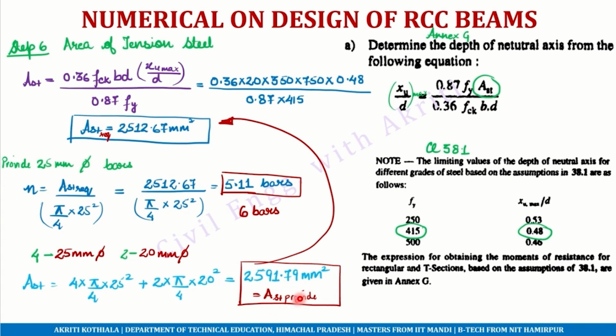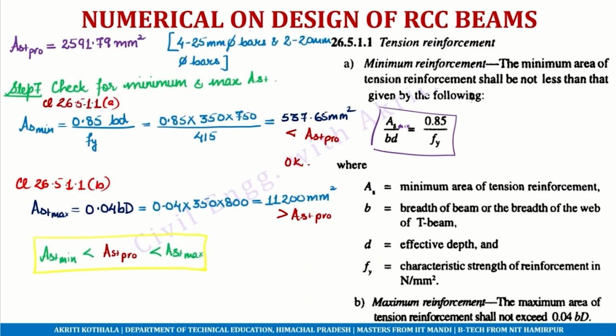So this is Ast provided, and this is Ast required, which we'll require in the next steps as well. Now we have provided an Ast of 2591.79 millimeter square in the form of 4 bars of 25 mm diameter and 2 bars of 20 mm diameter.